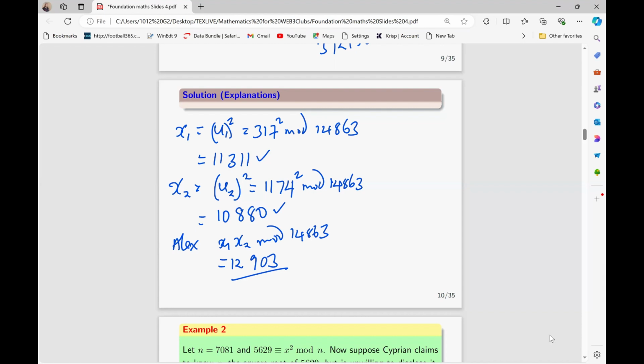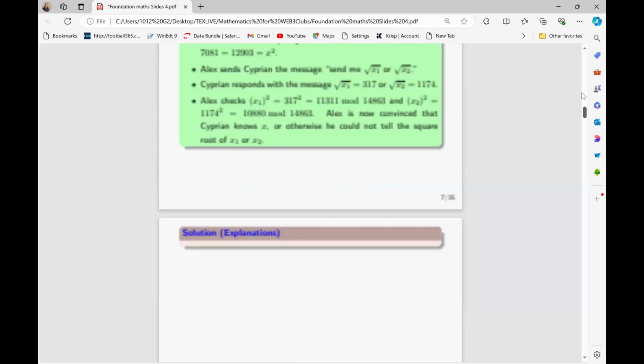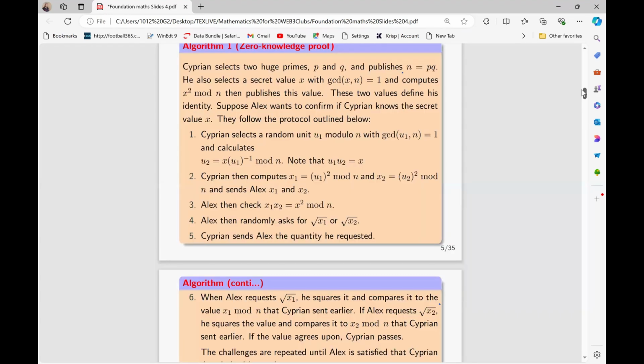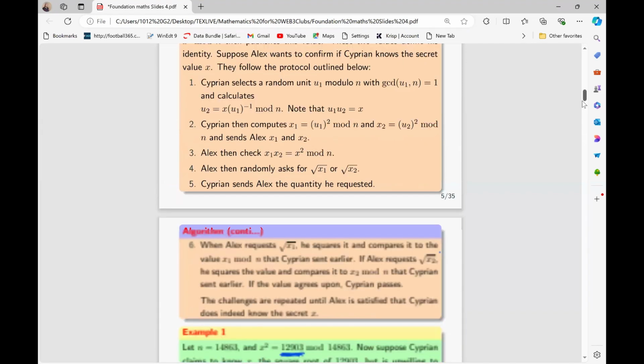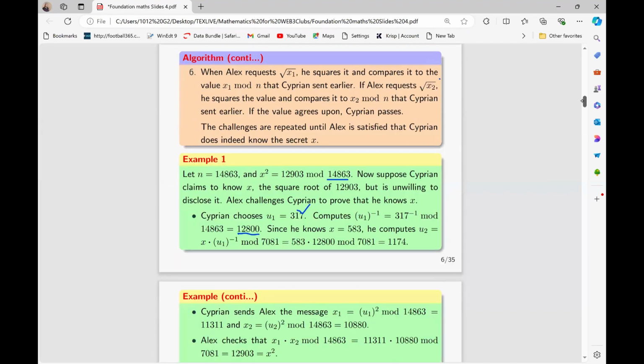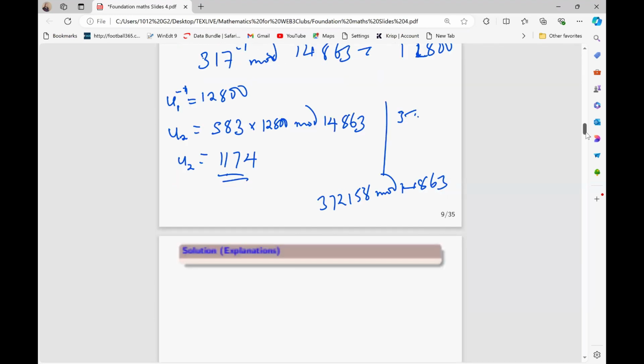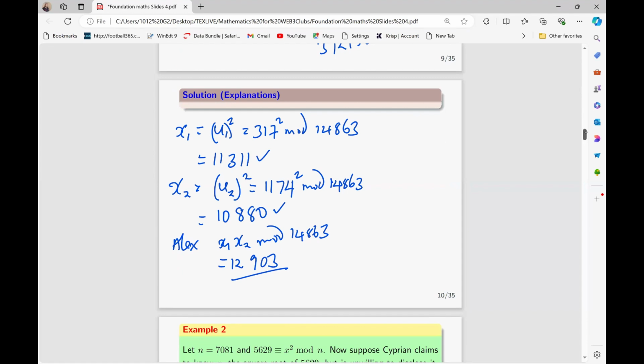He compares to see whether this is the same X squared that he was sent earlier. He goes back and checks what X squared he was sent. X squared was 12,903, and he has just received that. That is what he has gotten.